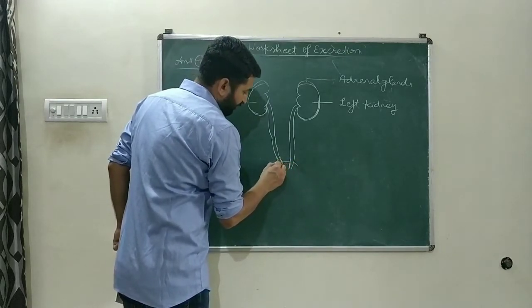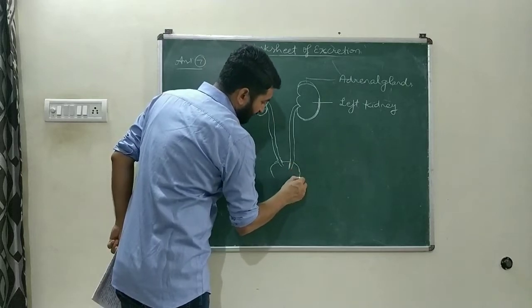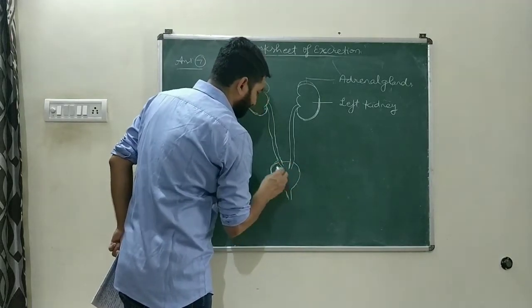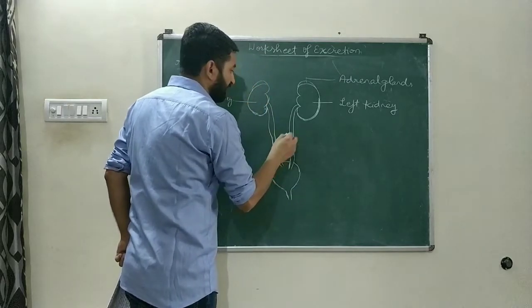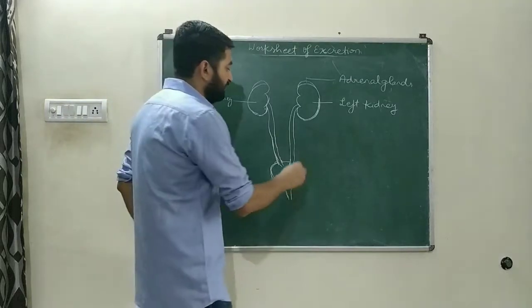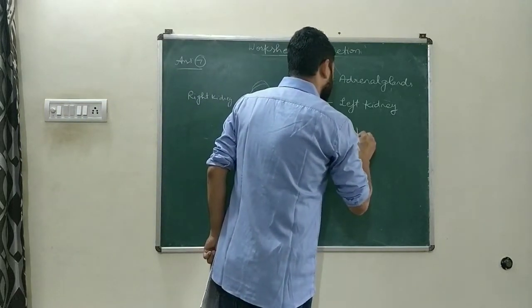Those ducts fall into an inverted pear-like structure known as urinary bladder. These ducts carry the urine from kidneys to urinary bladder.